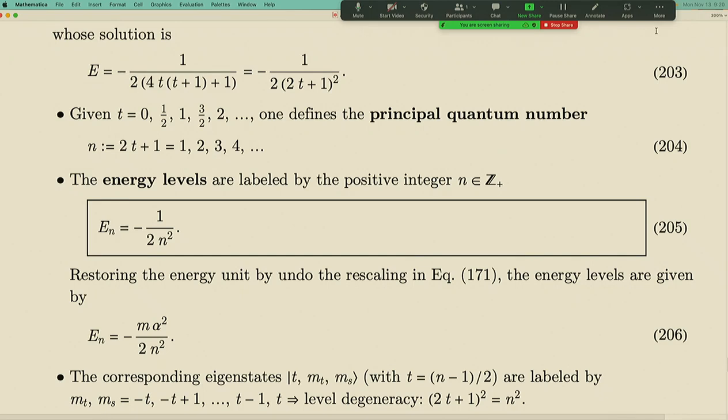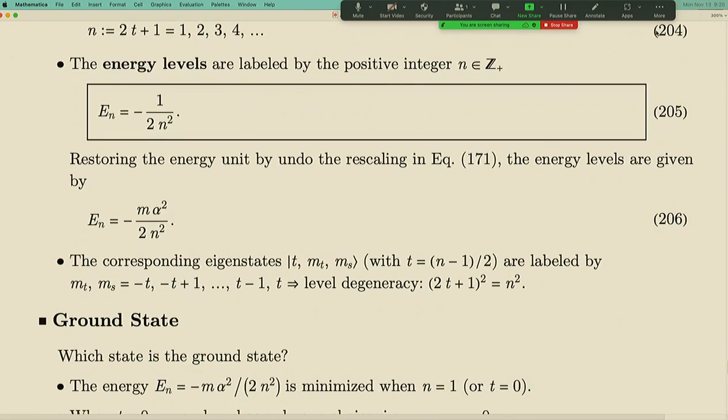Now if you want to restore the dimension, you just multiply by these units. If you look up any textbook, this is the formula for the hydrogen atom. So we have successfully ended up with the correct formula which describes the energy levels of a hydrogen atom. Within this energy level, the corresponding eigenstate is just this state. The eigenstate doesn't change, it's still the eigenstate.